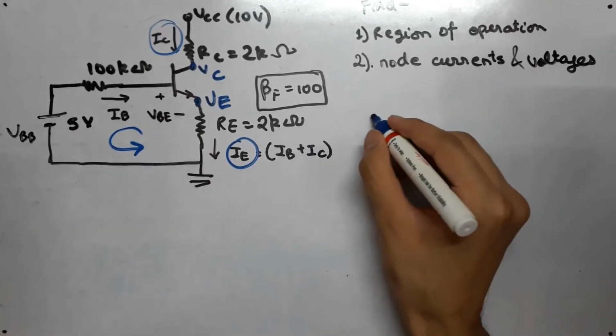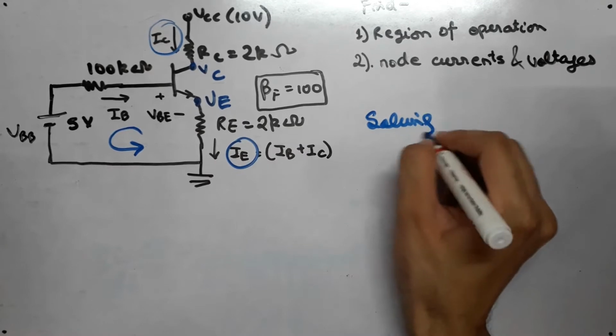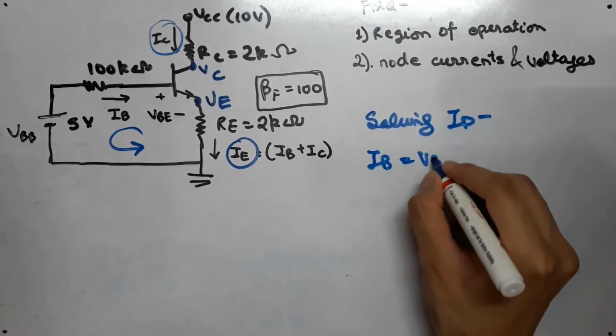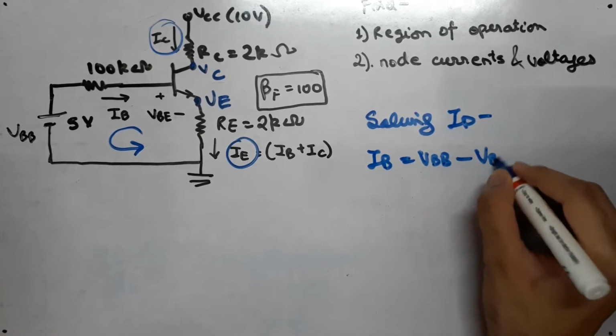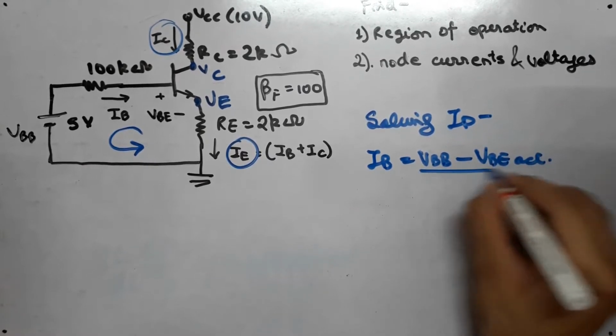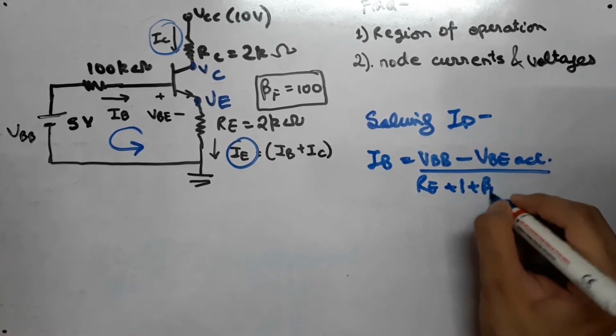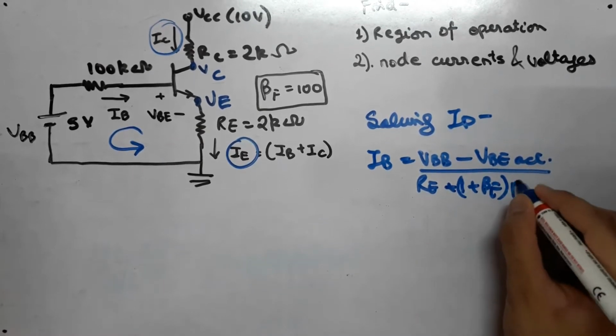Now solving for IB, you will get IB is equal to VBB minus VBE active upon RB plus (1 plus beta F) into RE.